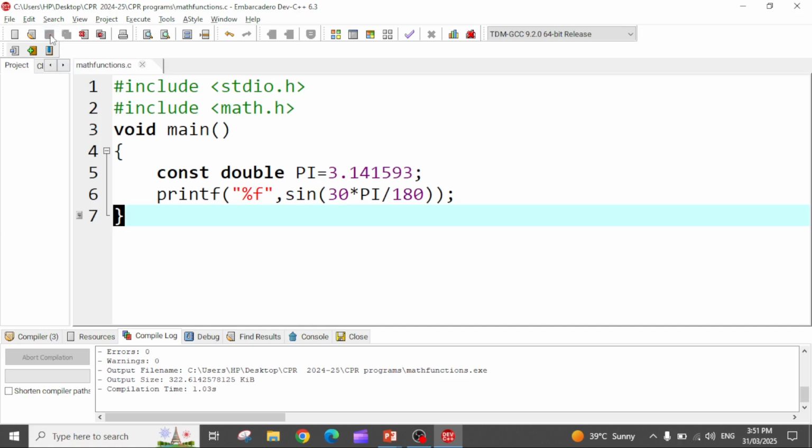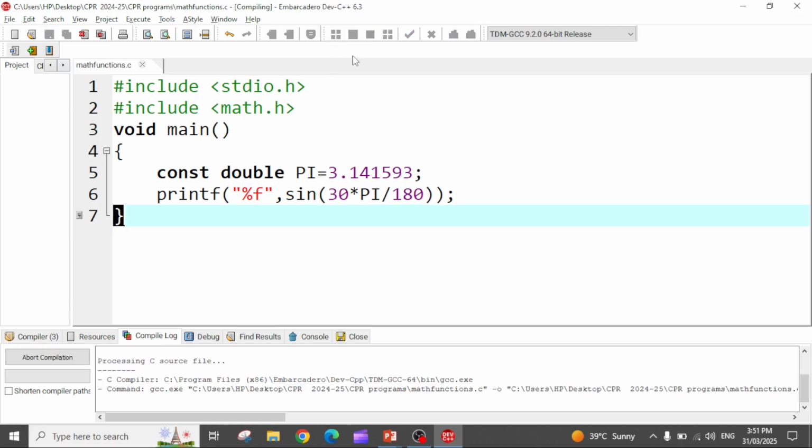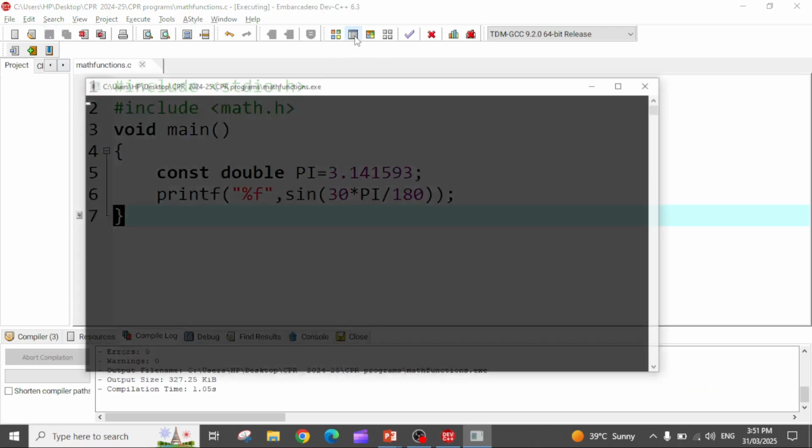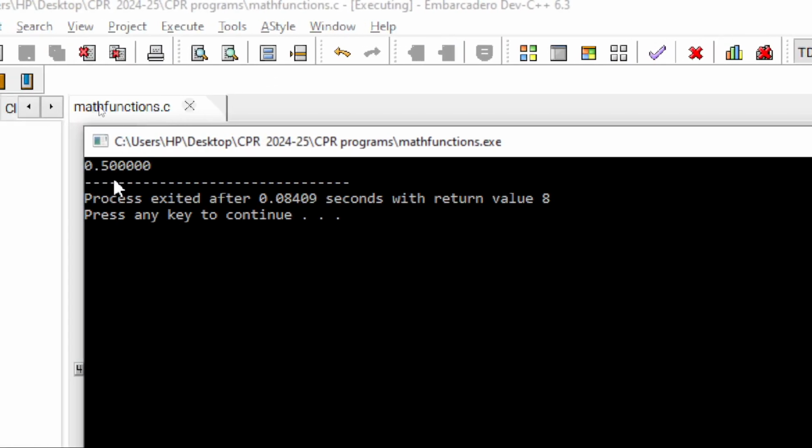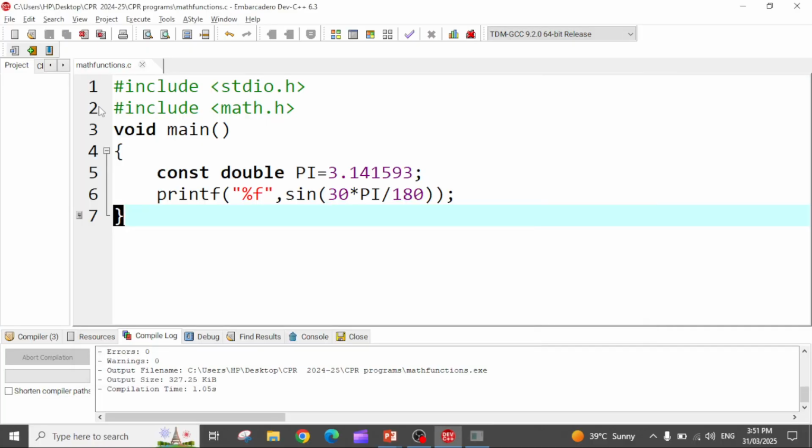In this case, the angle is converted into radian, hence I should receive 0.5 as the answer. Let's see what happens. So I have got 0.5 as the answer because I have converted the angle in degrees into the equivalent radian. So this thing should be remembered.